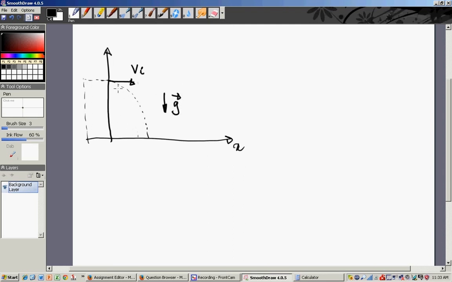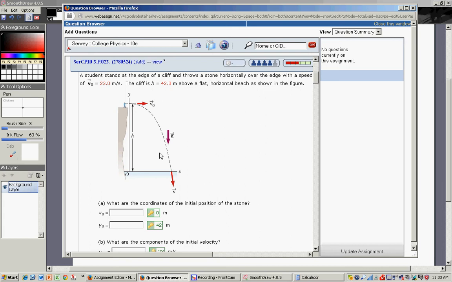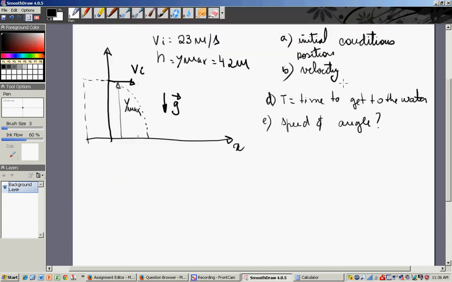So my initial velocity is right here. The ball falls like that, whatever falls. My acceleration always points down. That's why I have it as a negative sign, and I have the height, right?